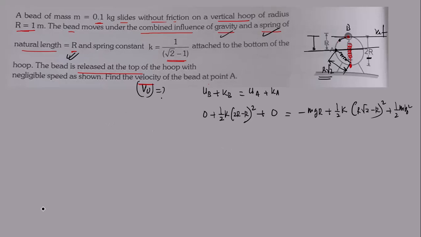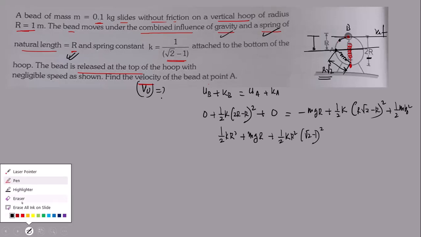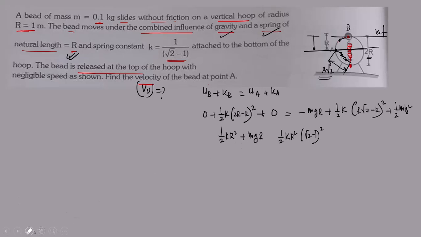Now you have to simplify it. For simplification, 2R minus R means R, so I write half k into R square plus mgR minus half k R square into (root 2 minus 1) whole square. Here you have to use one minus sign because I have changed the sign.